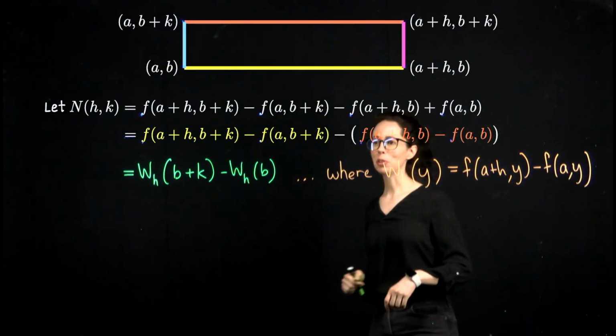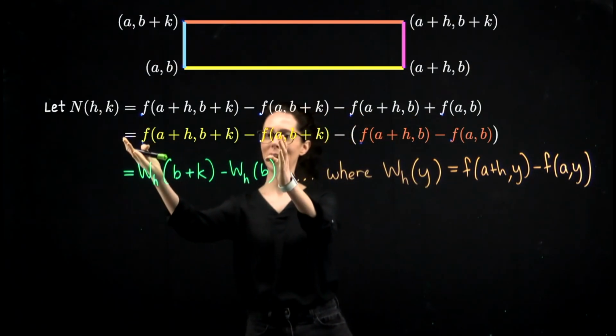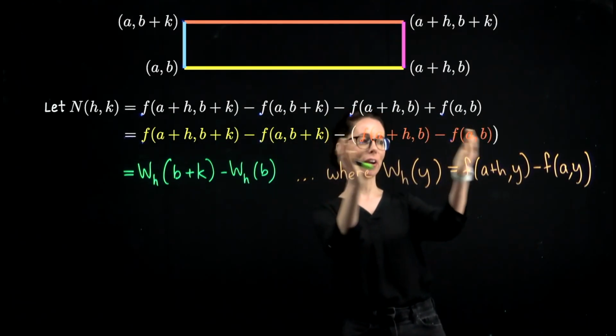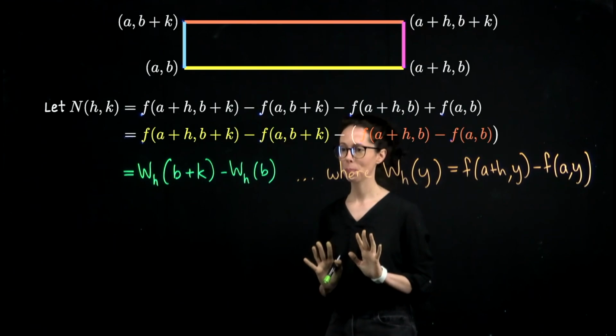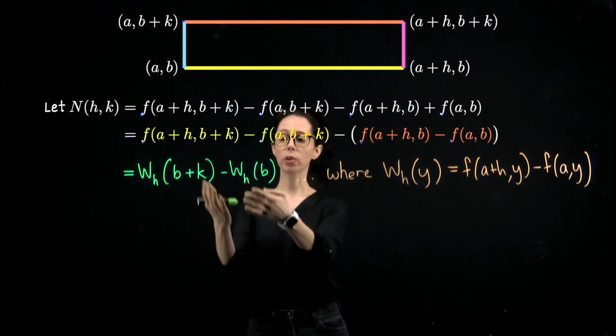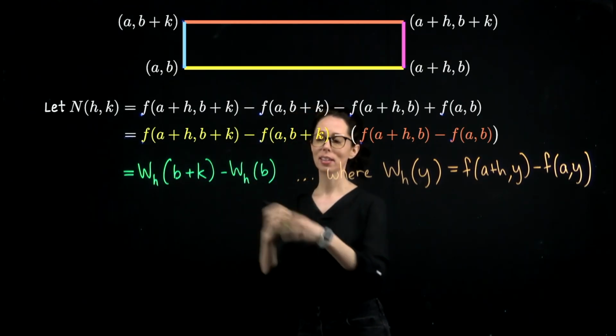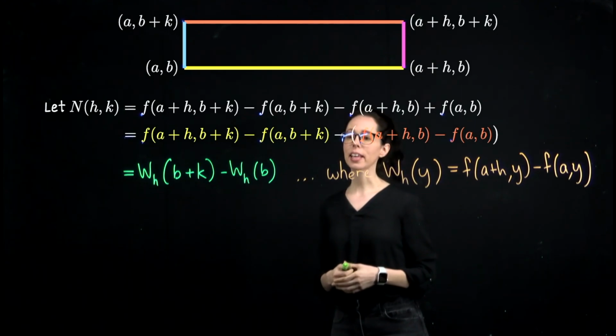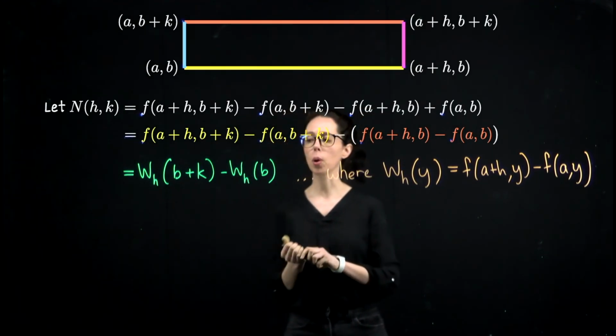Okay, if you're like me, just carefully verify that this pairing looks like this, where y equals b plus k, and this pairing looks like this, where y equals b. Now we have a function of one variable, and we're looking at a function difference. So we can pass immediately to a rate of change. This is like the first example that we worked through in our warm-up slide.